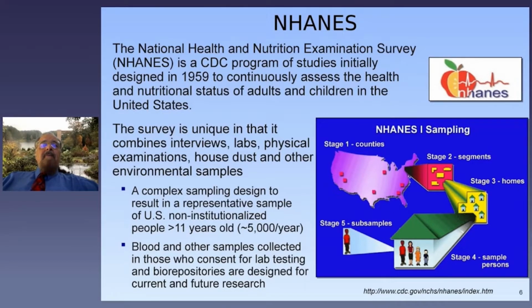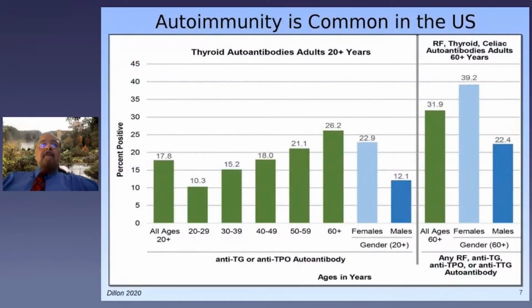It's a unique survey that uses a lot of statistical sampling to result in a population-representative sample of everyone in the United States from analyzing about 5,000 volunteers every year. Blood and other data are collected to create biorepositories as well as databases that can be used for future research.